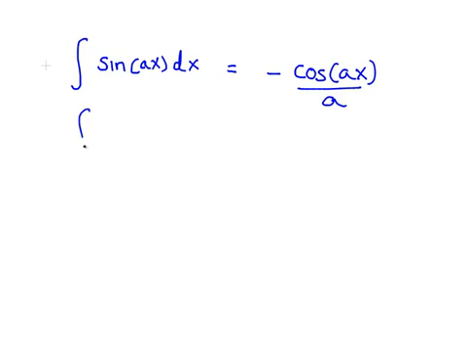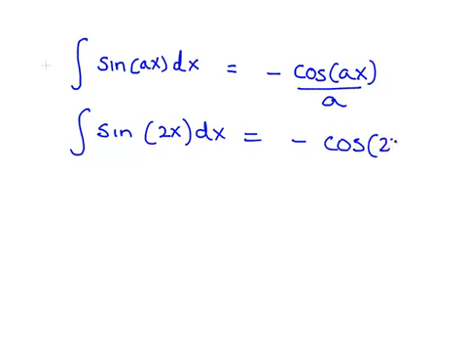So the integral of sine of 2x dx is equal to minus cos 2x over 2. The constant we can just add at the end of the problem, and in this case it's a definite integral, so we don't even have to do that. So v is minus cos 2x over 2.